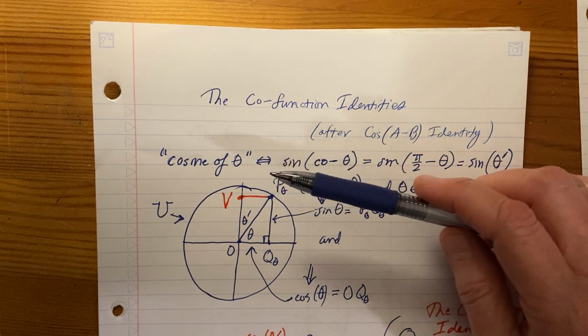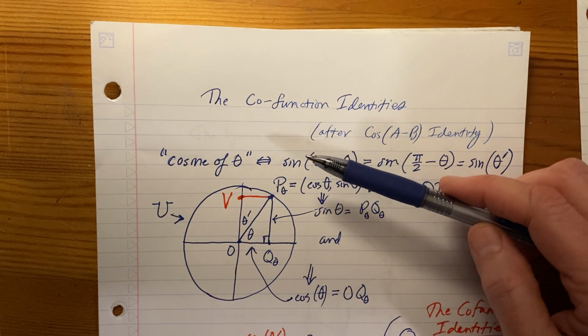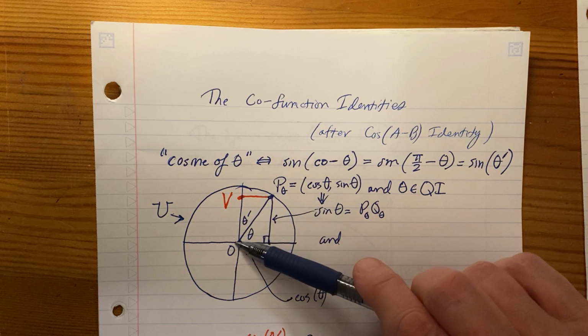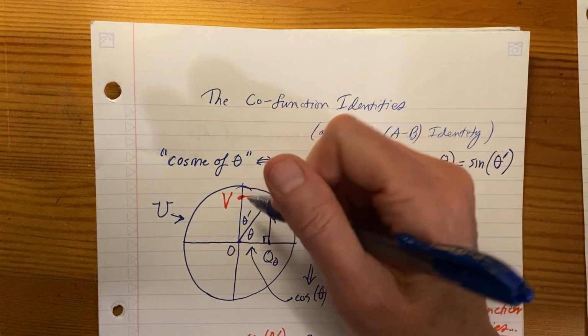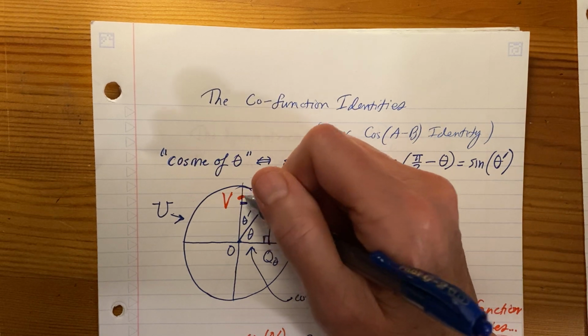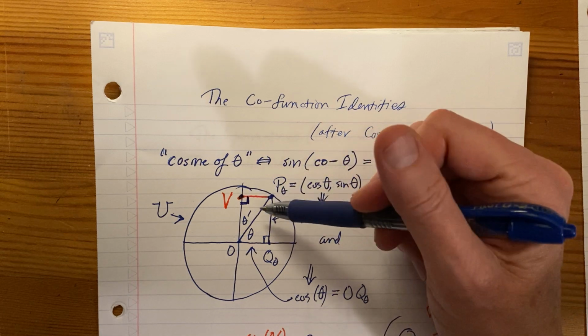What do people mean when they're talking about the cosine of theta originally? If you look over here in this other right triangle, OPV, I have projected P onto the y-axis here, and I get V at its foot.